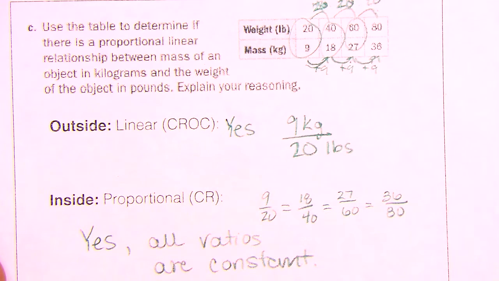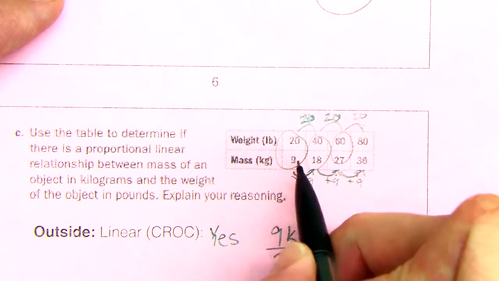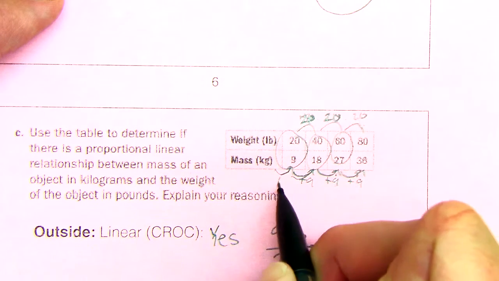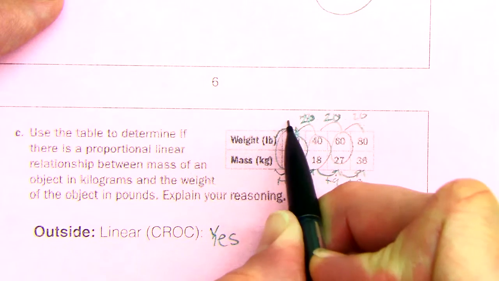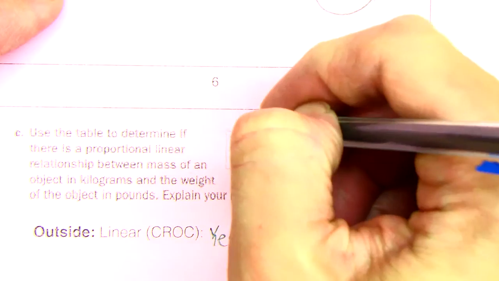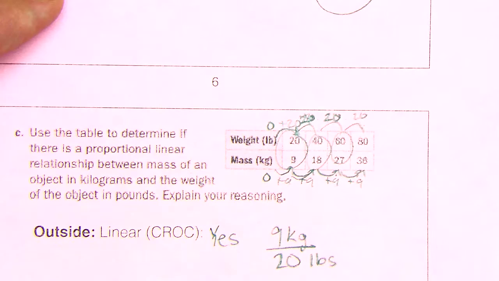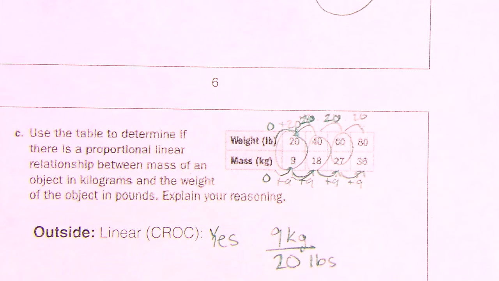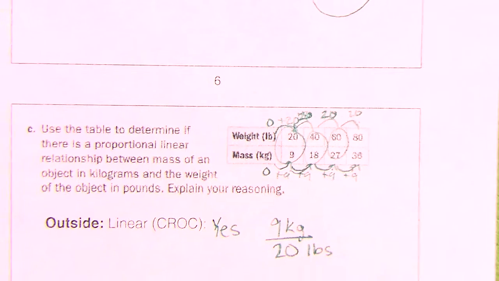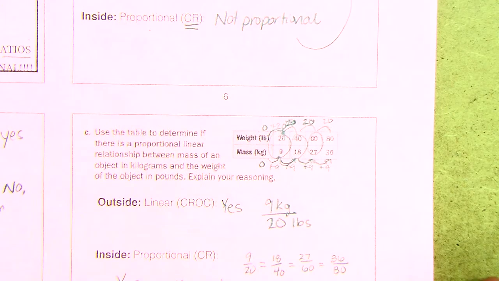It will go through the origin. But check this out up here. If I work my way backwards, wouldn't the original one be 0, 0? It would. That's just one more trick. Okay, just one more trick. So it is linear and it is proportional.